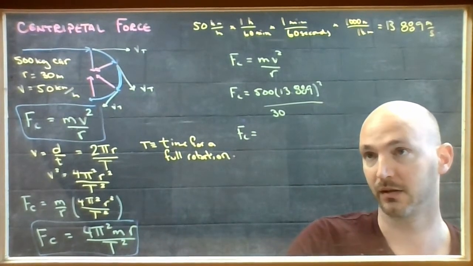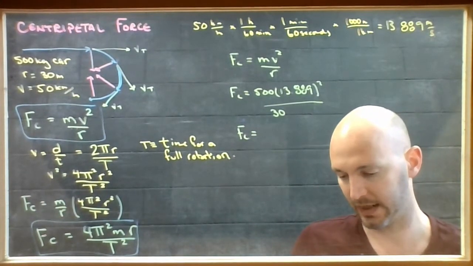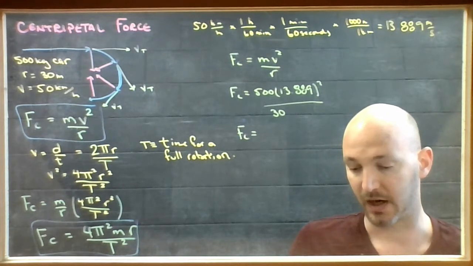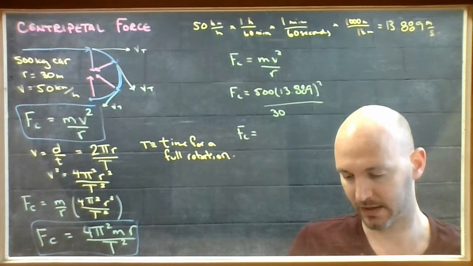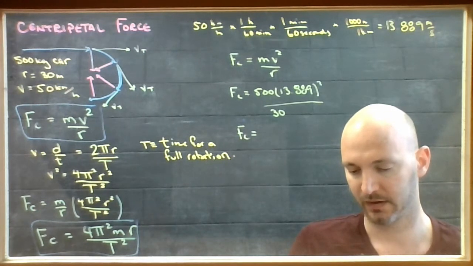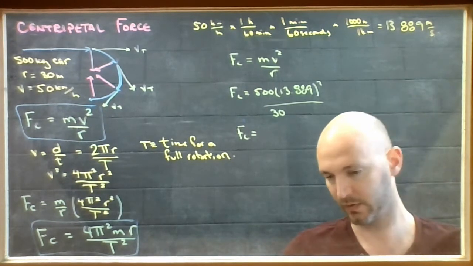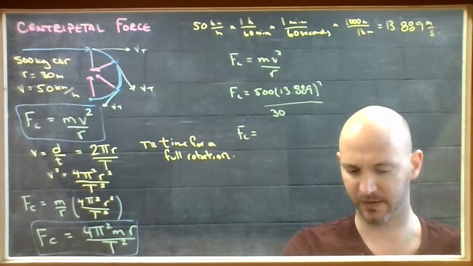All right, so 13.88889 squared gives me 192.9, times 500 divided by 30 gives me 3,215.02.